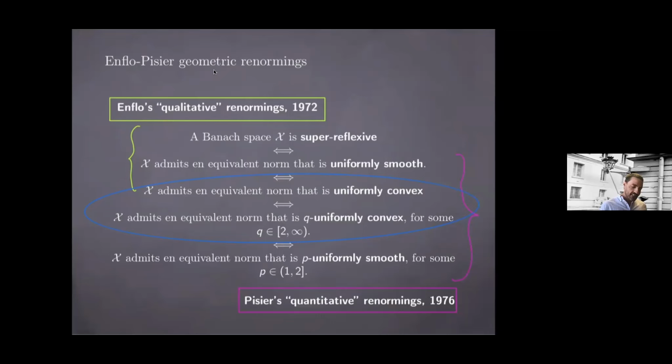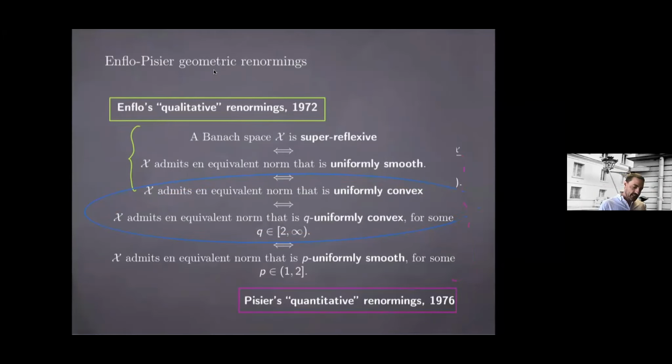He said that if the Banach space has an equivalent norm that is uniformly convex, then it must have one that is q-uniformly convex. Where q-uniformly convex means that the modulus of uniform convexity is of power type q. It means that it is at least some power of t, if t is the separation parameter in the modulus. And this part here is really what would be of interest to us today.